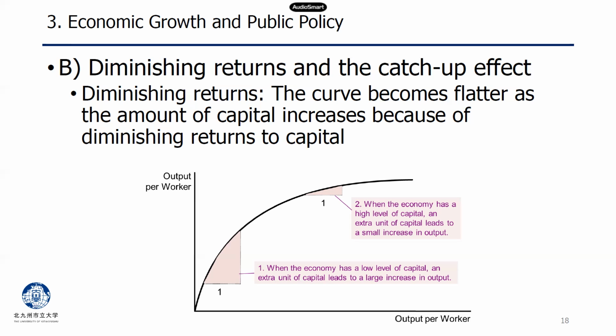If you imagine the x-axis as the number of machines and the y-axis as output per machine, if a poor country buys one machine, that helps the productivity a lot. Let's imagine a poor farming country where no one has any machine. If you bring one tractor to that poor country, that tractor will bring lots of benefits, right?